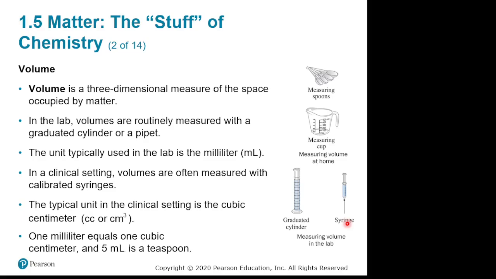In the clinical setting, the volumes are oftentimes going to be measured with calibrated syringes, this being a syringe right here. They sometimes measure milliliters, but more often than not, they'll be cc or centimeters cubed. All three of these units are the same amount of volume. Okay. And so they're actually the same thing.